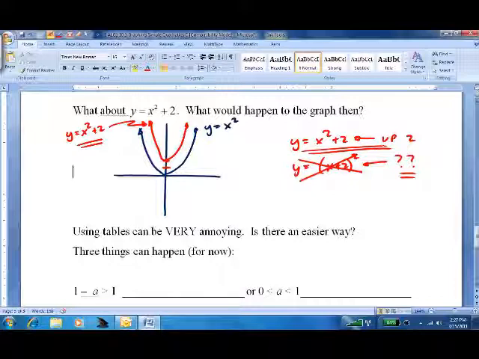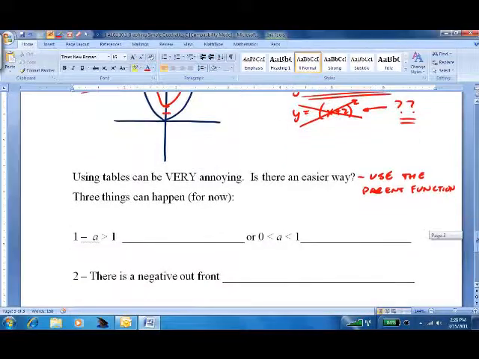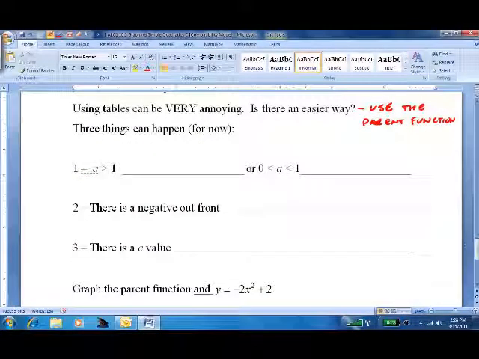Using tables can be very annoying. So like I said, use the parent function. So 3 things can happen. If A is greater than 1, it gets thinner.